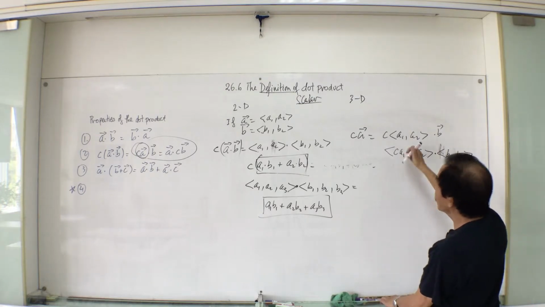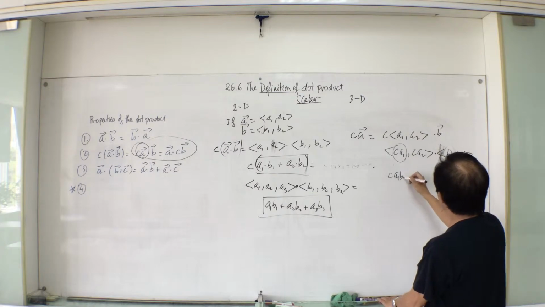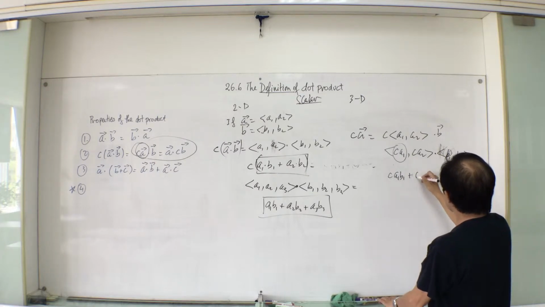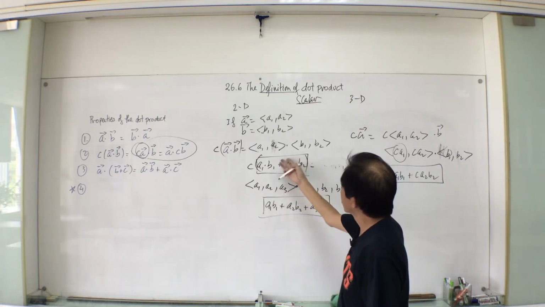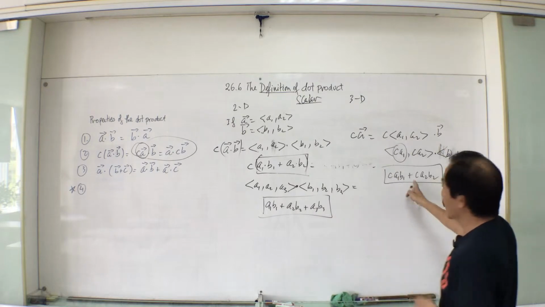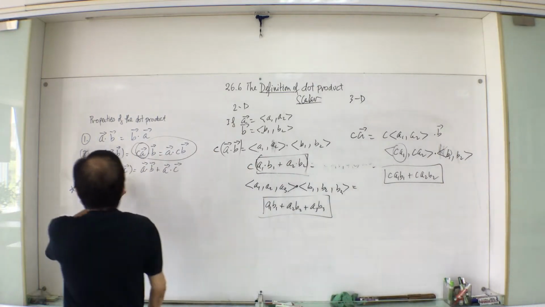By definition again, this one times this one: CA1 B1, added to CA2 B2. This is just the same as here. So you can easily verify the property using the same relation.